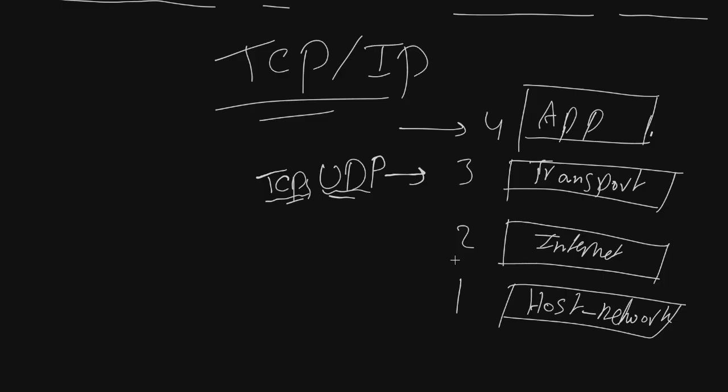Then there is the internet layer, and this contains ARP, RARP, ICMP, and IGMP. All of these we are going to talk about in the internet video. And there is host to network.